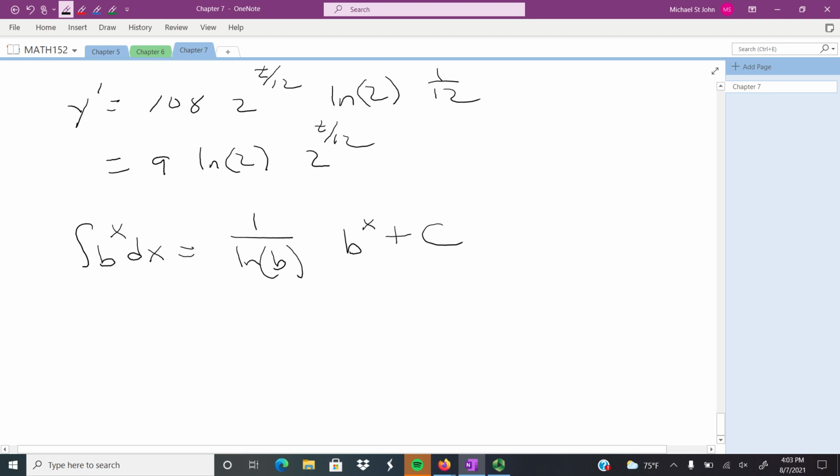Let's see, other rules you've seen before is your power rule for derivatives. So if y was equal to x raised to the p, then dy dx was given by p x to the p minus 1.